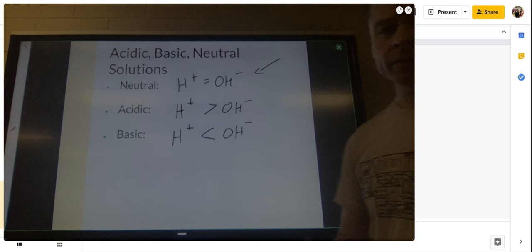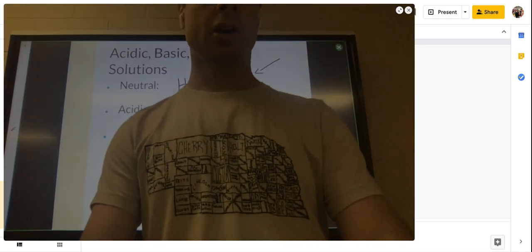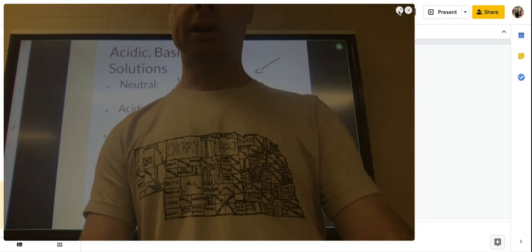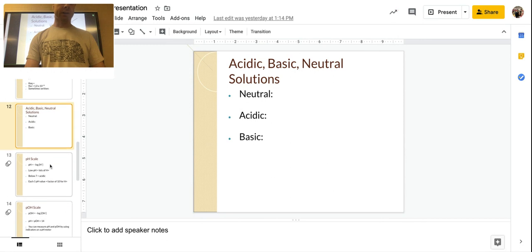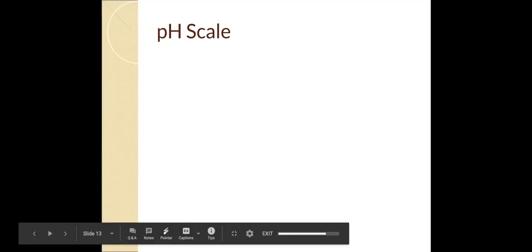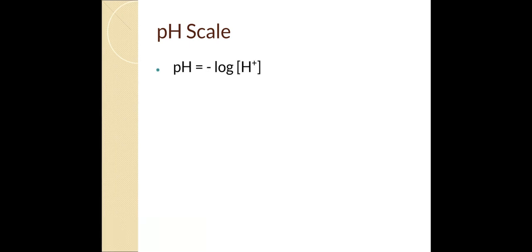So that's going to be kind of our goal when we get to the point of calculating pH and the pH scale. The pH scale is a logarithmic scale that we use to measure H plus concentration. So pH is equal to the negative log of the H plus.